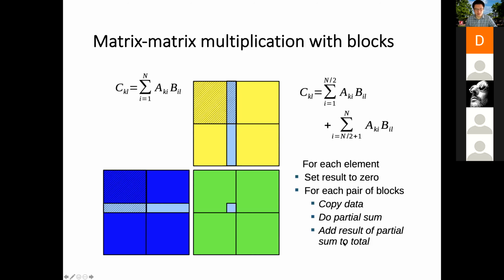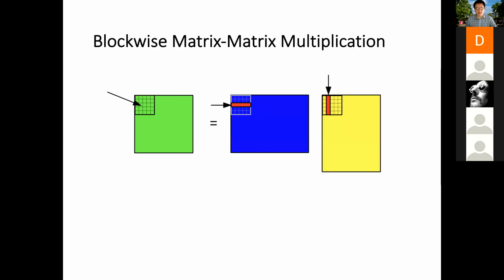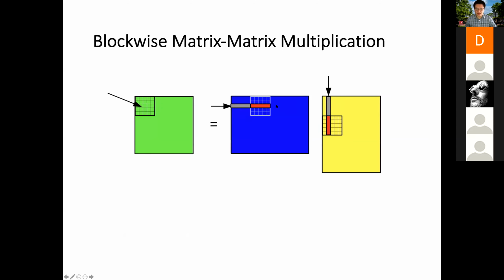But let's see some detail. This is the blocking version. If I want to calculate one element in matrix C, and I have the first block in A and the first block in B, I calculate one row times one column.